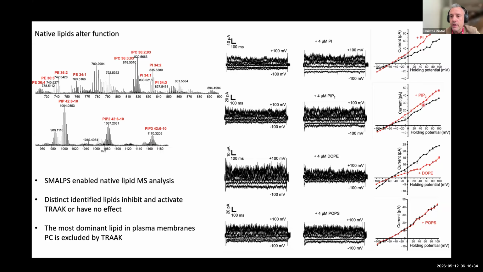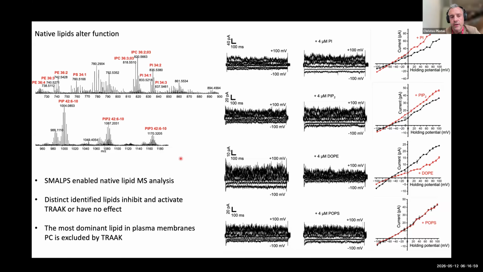For the PIP2 signaling lipids, we saw activation. For the PE lipid, which we also detected in our lipid analysis, we saw inhibition, and PS, for instance, seems to be structural, we saw no effect. So this is another really nice advantage that SMALP provides us, that we could get the immediate native lipid environment of the channel, and then we can take these lipids individually to electrophysiology and test them.